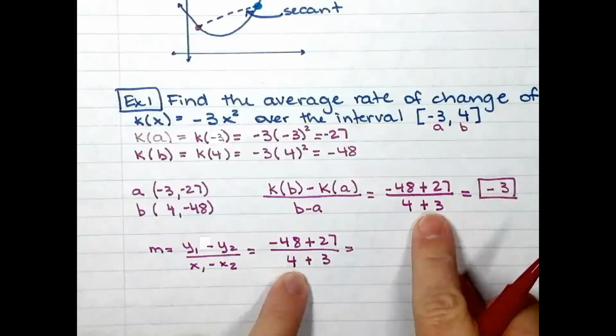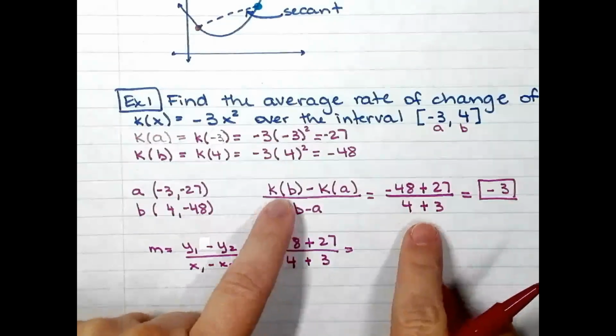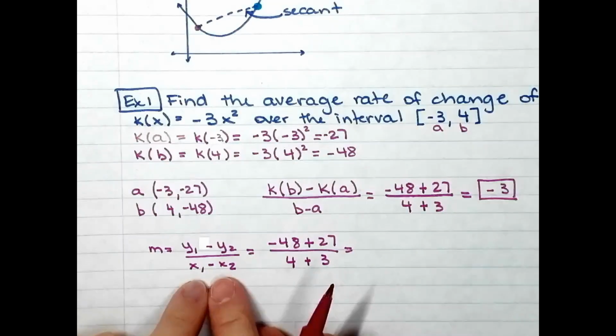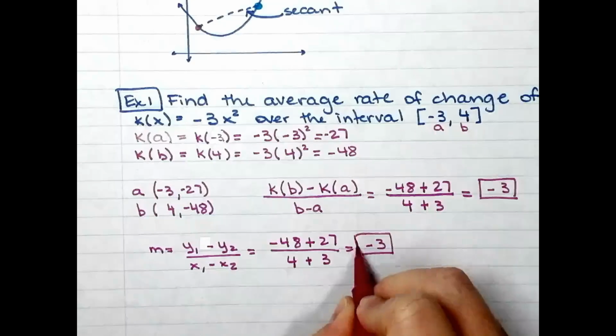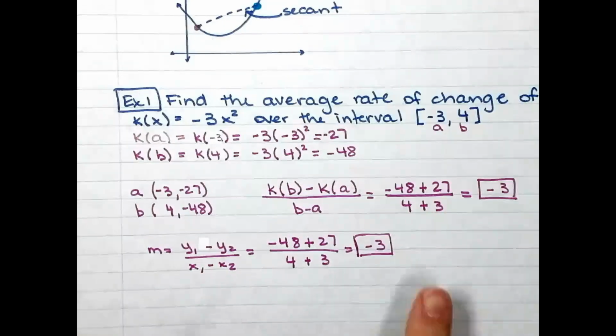Look, same thing. So if you feel like you're trying to memorize something else, don't worry about it. If you already know the slope formula, just roll with it. It doesn't matter how you do it, it's the same formula really. And then negative 3 is the average rate of change.